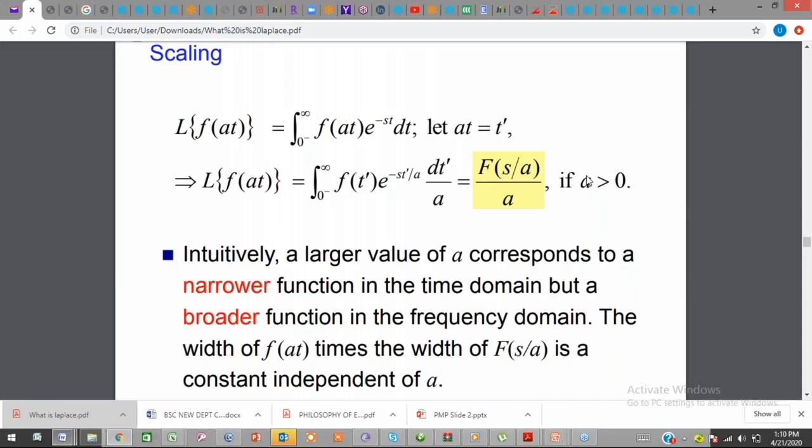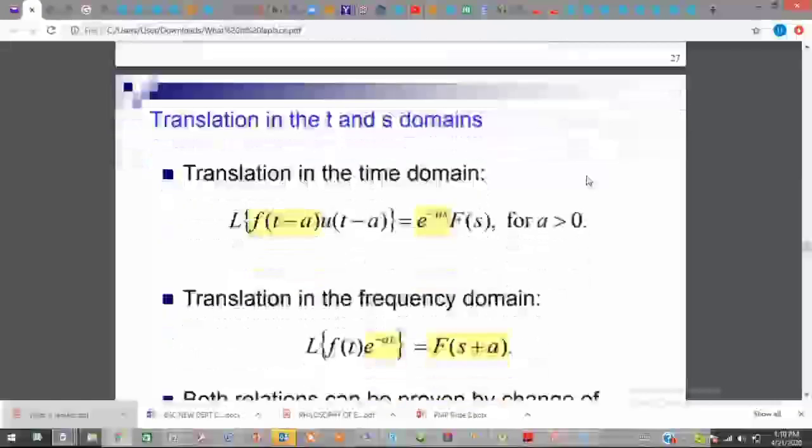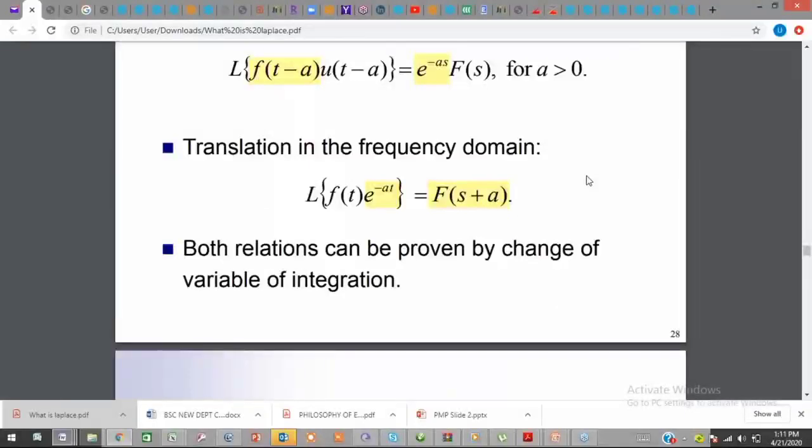So this is what we get. And let's again look at the translation in the frequency domain. When we look at it in the frequency domain, we find that it is f of x plus a. Both relations can be proven by change of variable of integration. Please let's note that both can be done that way.